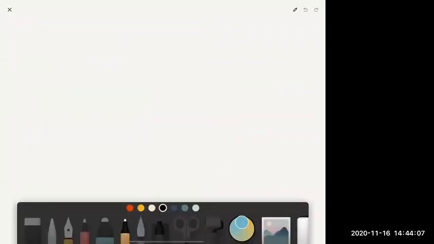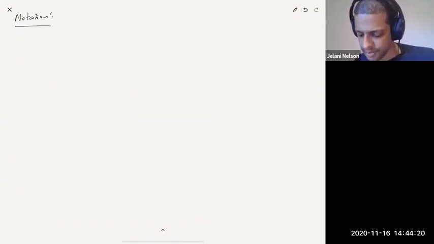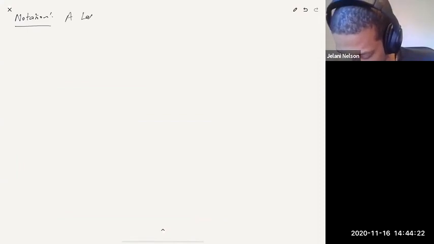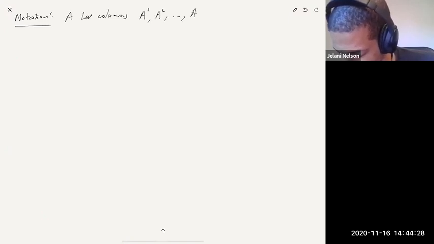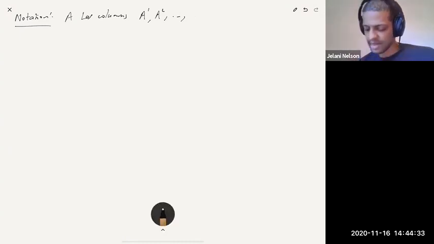So, notation. A has columns A1, A2, up to A whatever the dimension is. That's one thing.